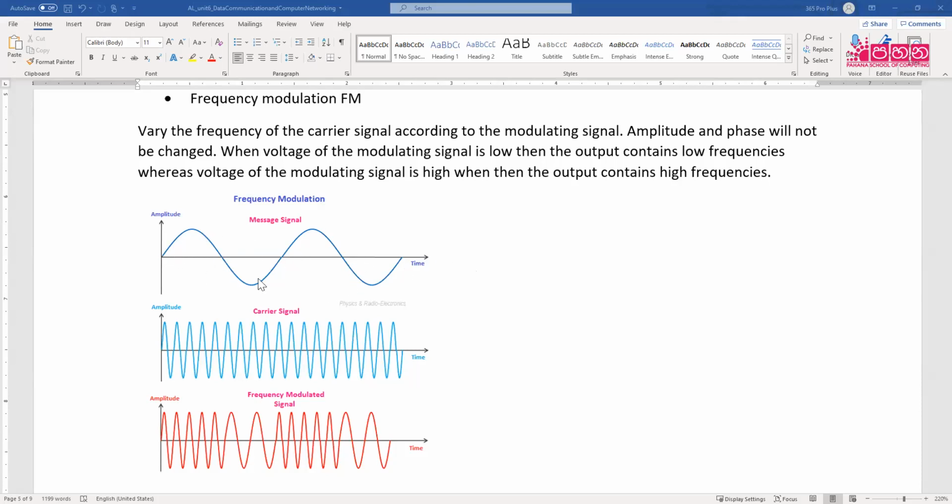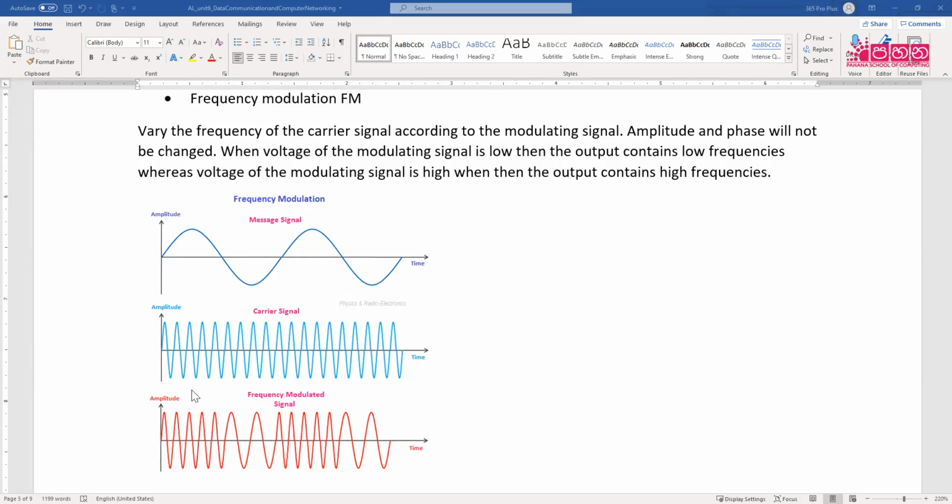So this is the original signal that we want to send. We are not going to directly send this because otherwise, there's attenuation. The signal strength will reduce the signal's energy. So what we do is we combine with the high frequency signal. So this is known as a carrier signal. So when you combine, we will get a signal like this.